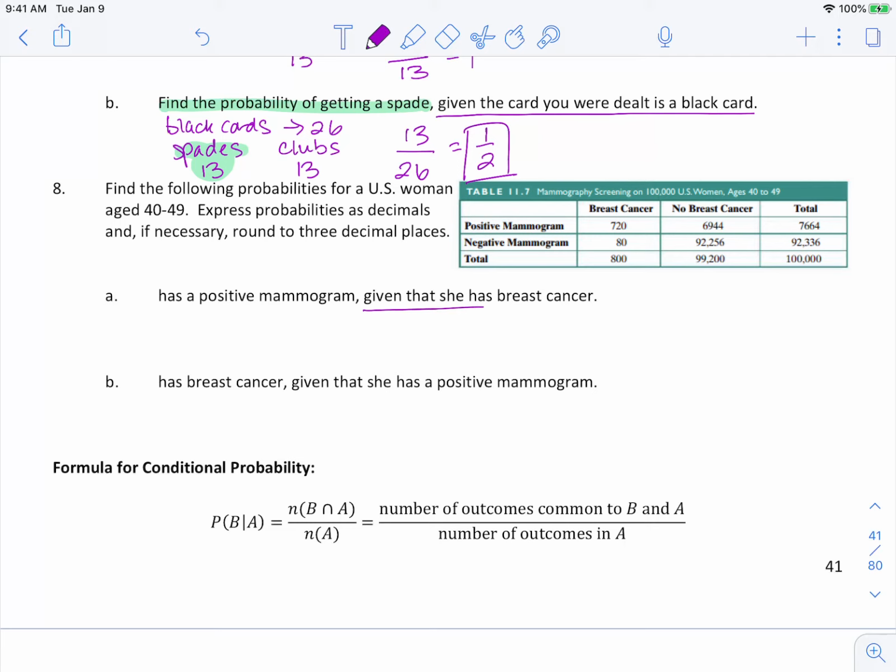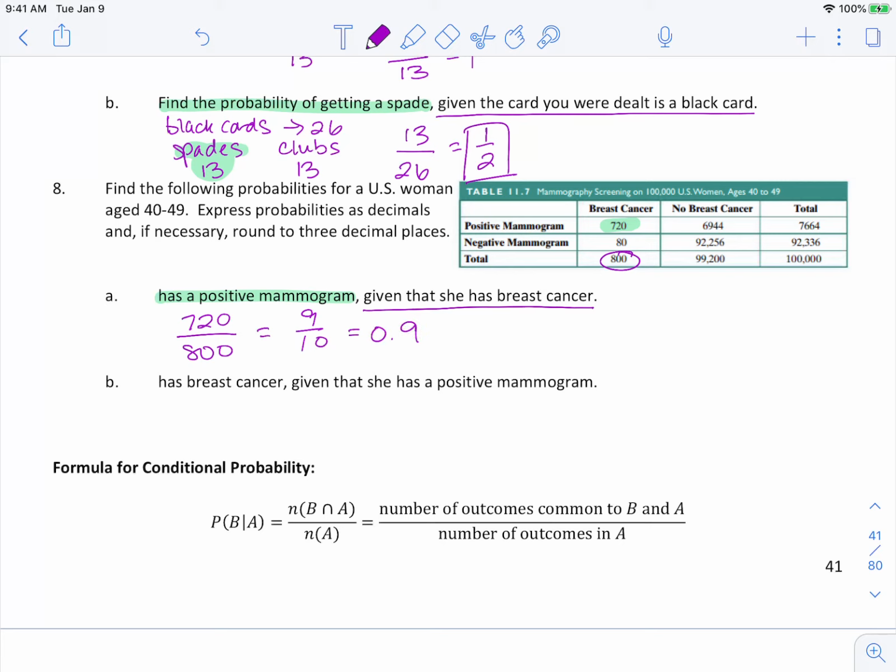Given that she has breast cancer, again, what we're given always becomes our denominator. So given that she has breast cancer, 800 is going to be our denominator, and has a positive mammogram, so that's this number here, that's going to give us our 720 out of 800. So that reduces to 9 out of 10, or 0.9.